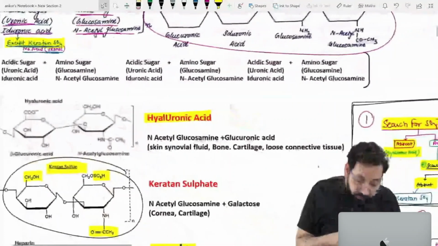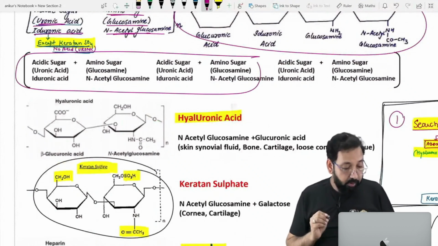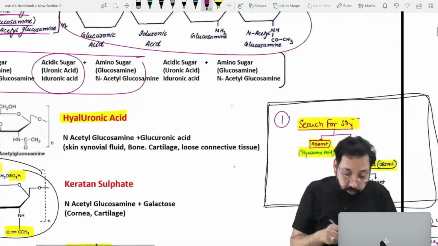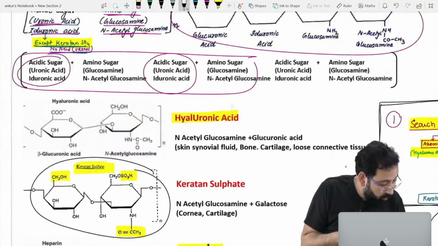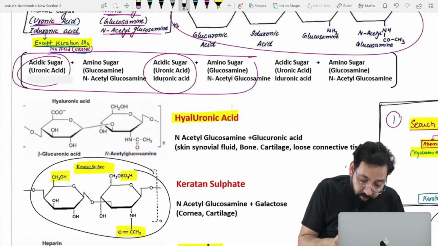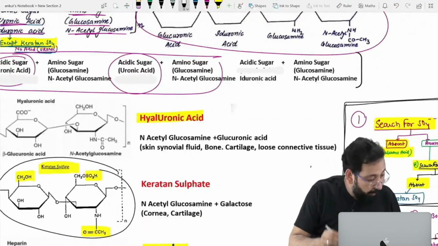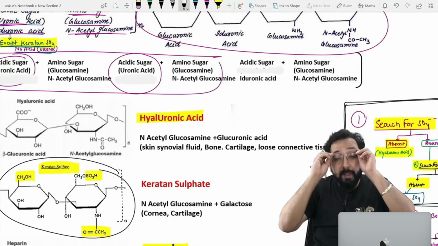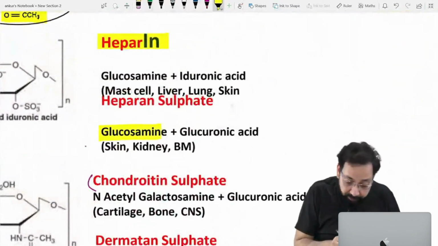Many times in heparan sulfate you will find glucuronic acid and also iduronic acid.